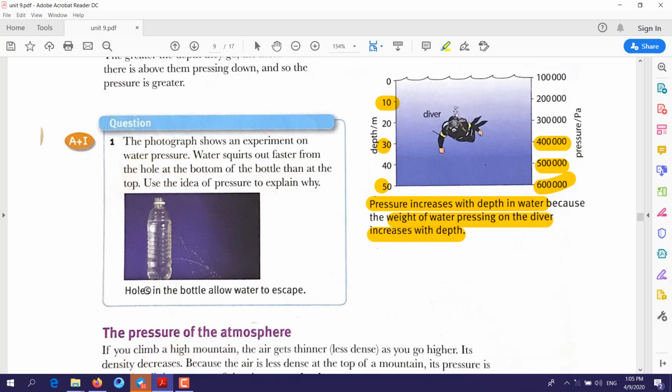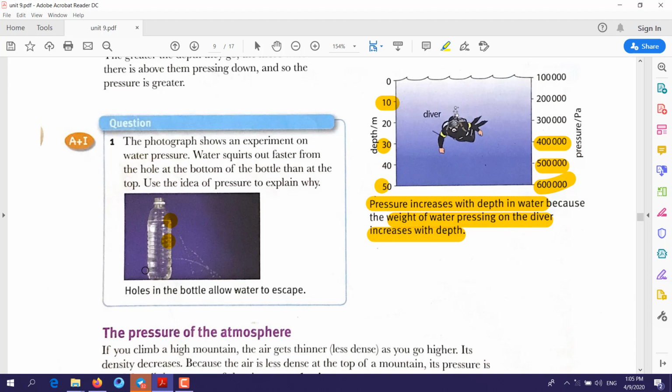If you look at this bottle, it has these 3 holes, 1, 2, 3. There is water in it. As you can see, here the water is going further from the bottle. Here it's less, and here less. Now, the explanation for this?